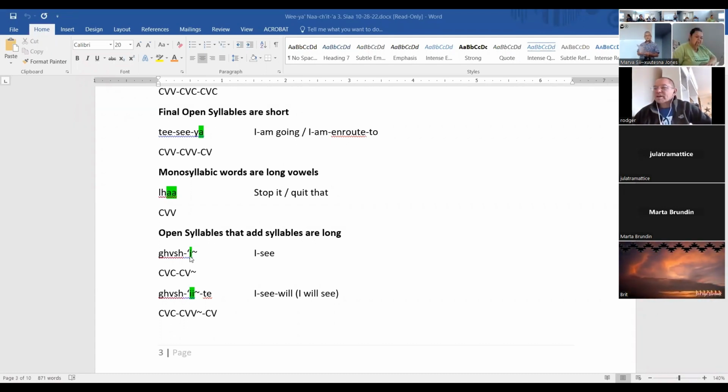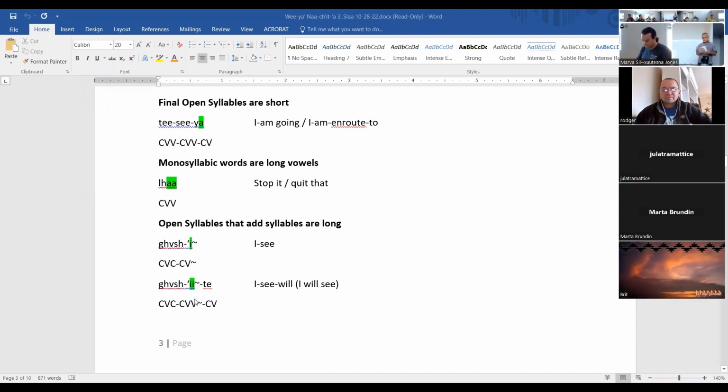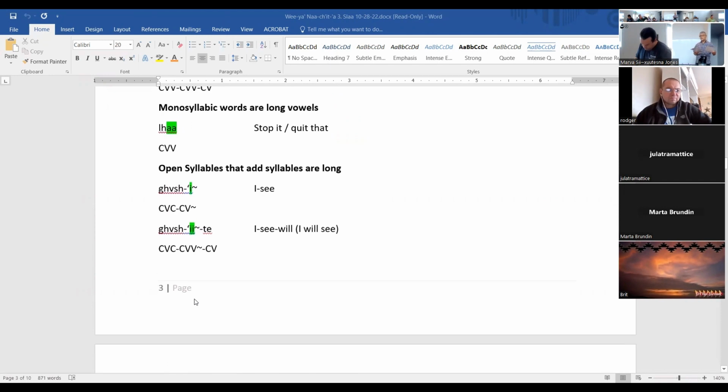Now we've added te, another syllable, so you have to double that vowel length. You're doubling the vowel if it ends in a vowel and you add another syllable. That's pretty much almost all of them.